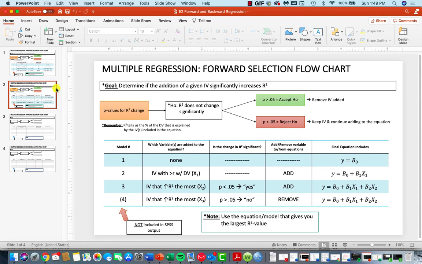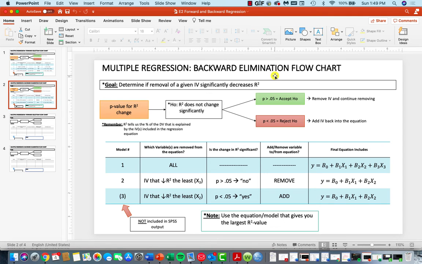On the flip side, if we're looking at backward elimination, we put all of the variables into the equation, which we see here, and then from there we're going to remove one independent variable at a time. As we remove an independent variable at a time, we're going to be decreasing R squared. So a similar process is going to happen where we're evaluating the change in R squared. We just want to make sure that the decrease is not significant.